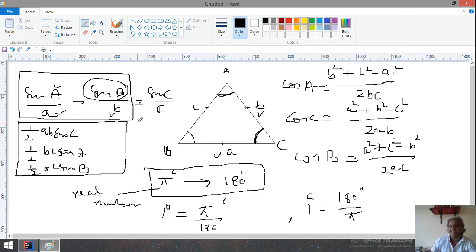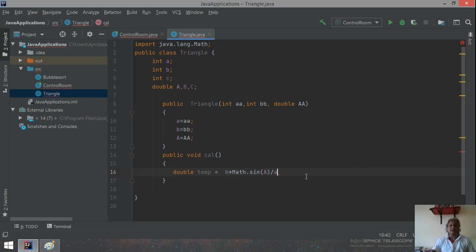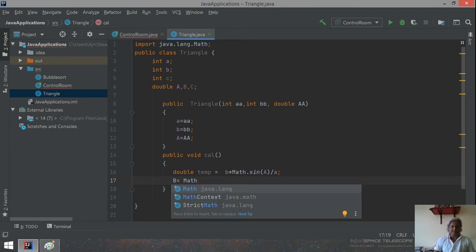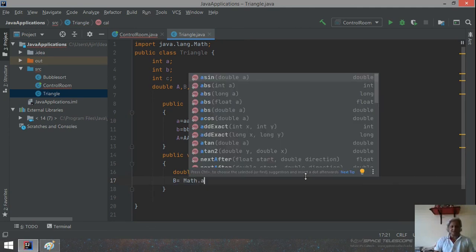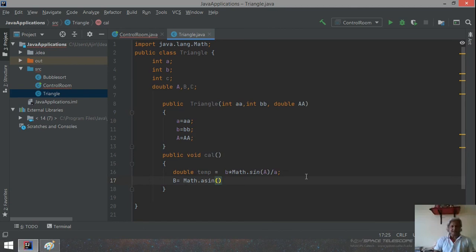And if you have studied trigonometry, then you know that if sine B's value is known, then B is the sine inverse value. So I will simply do that: B equal to math.asin of temp.